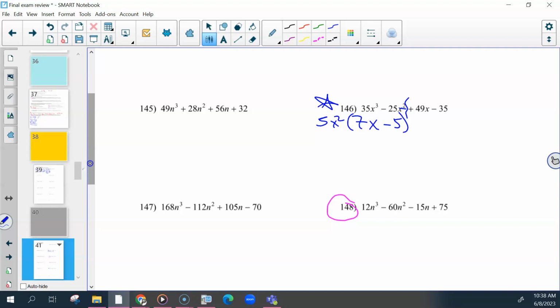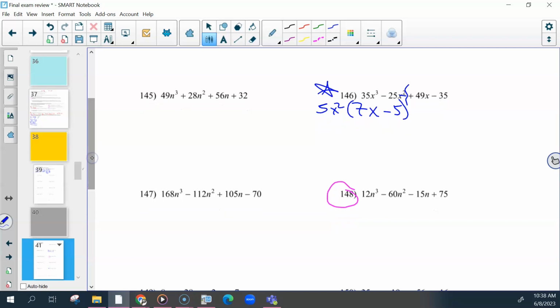Find the GCF of the last 2. It would be positive because this would be positive. Then whatever's inside the parentheses should match. If it doesn't, something's wrong.